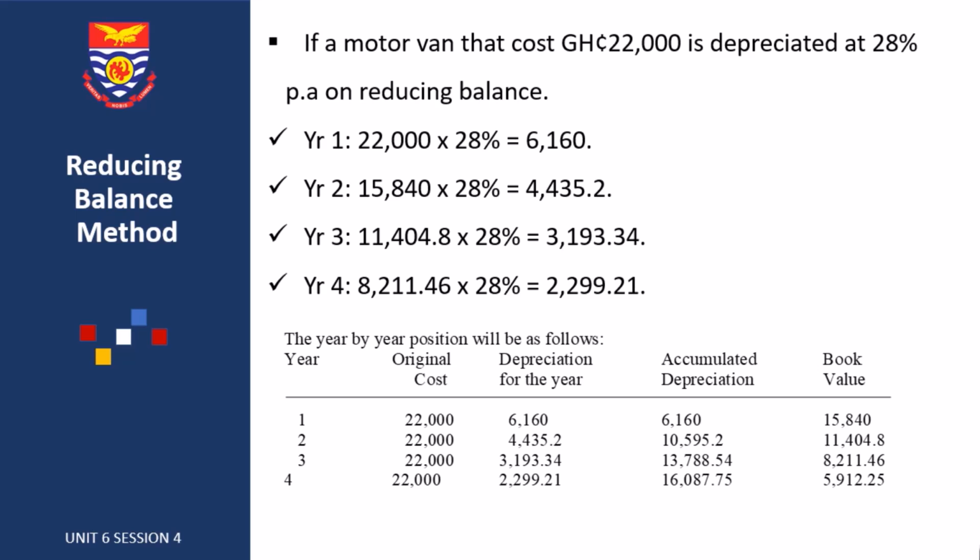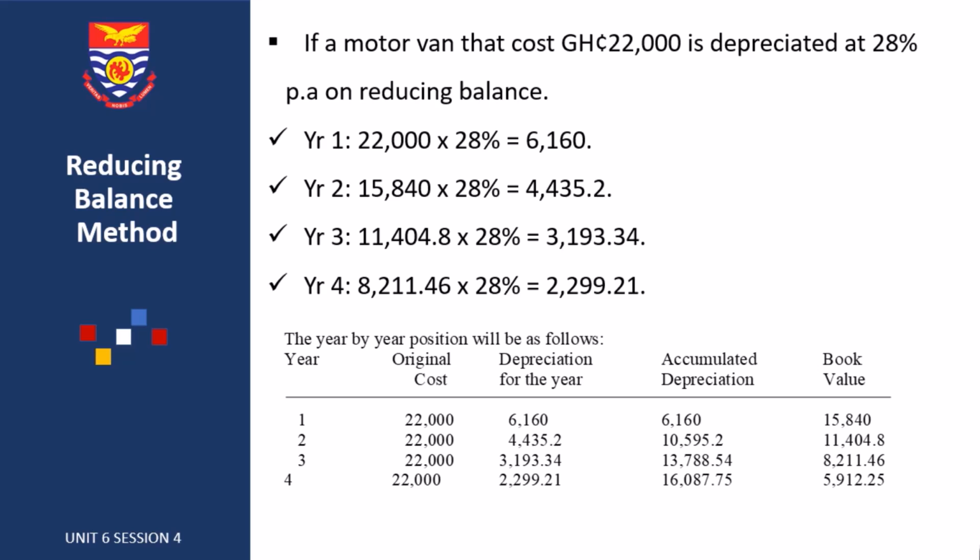Year 2, in computing the depreciation charge for year 2, we'll have to estimate the net book value, which is the cost of the asset minus the accumulated depreciation. So the cost of the asset is 22,000 minus the accumulated depreciation 6,160. So we'll arrive at the net book value of 15,840. That is why it is called reducing balance.